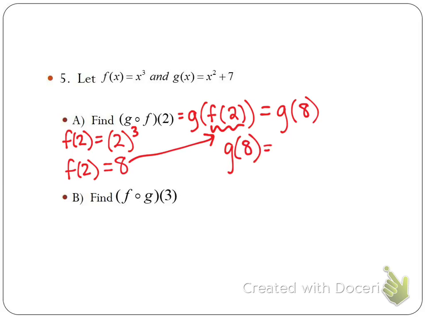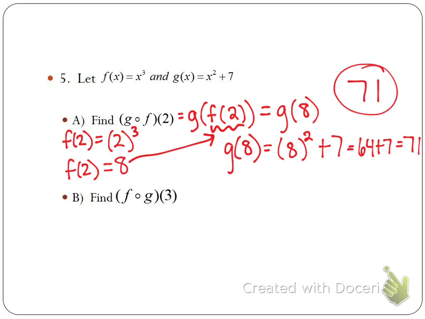My g function was x squared plus 7. But instead of an x, what do I want? I want to use that 8. 8 squared is 64. 64 plus 7 is 71. We all okay with that? So that would be our answer for 5A, 71.